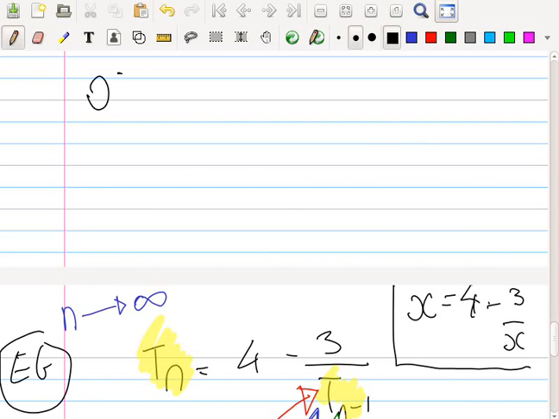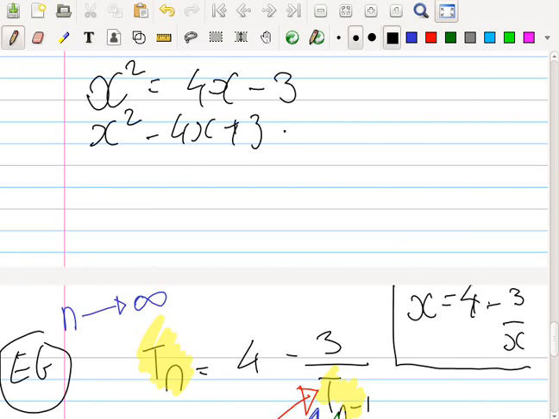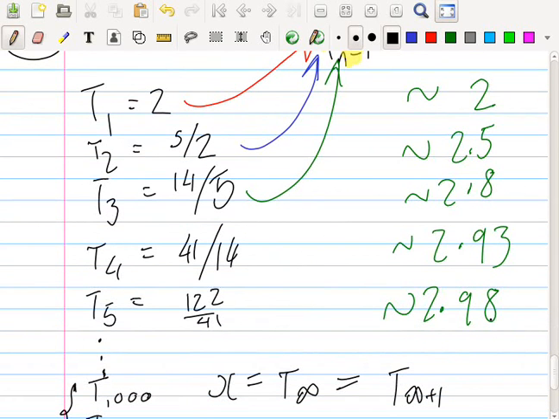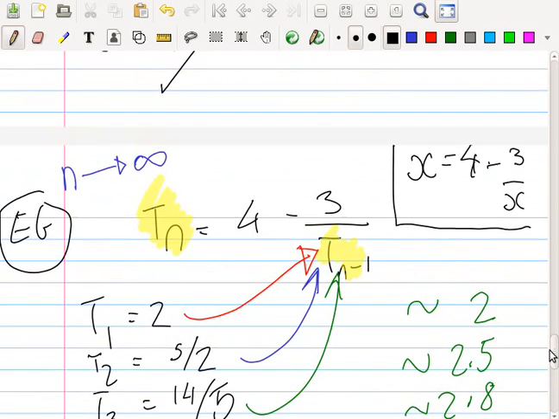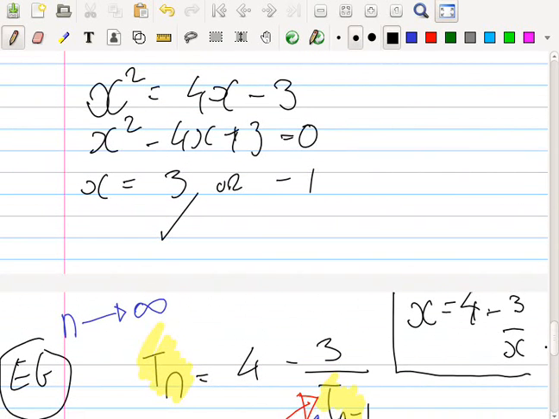So we get x squared equals 4x minus 3, or x squared minus 4x plus 3 equals 0. So x equals 3 or minus 1. Which do you think is the actual answer? Because there can only be one limit. 3, because that's the one we suspect it could be. So we have confirmed that the exact limit is 3.